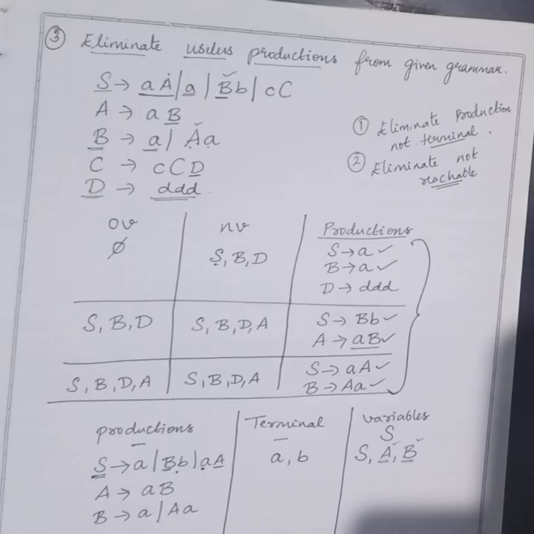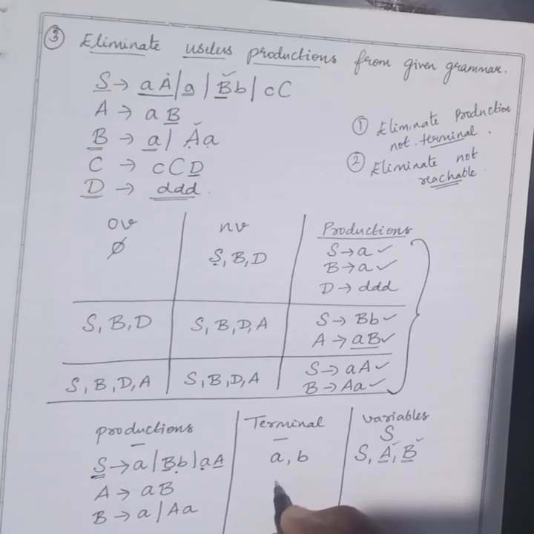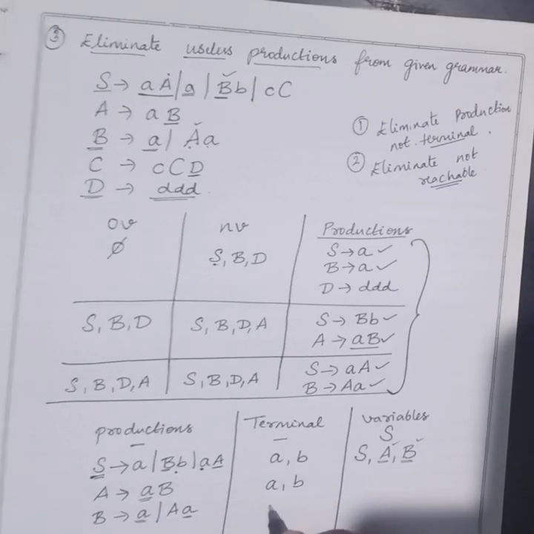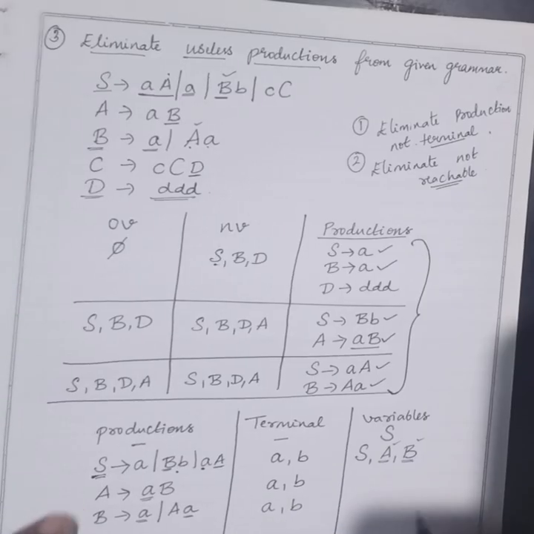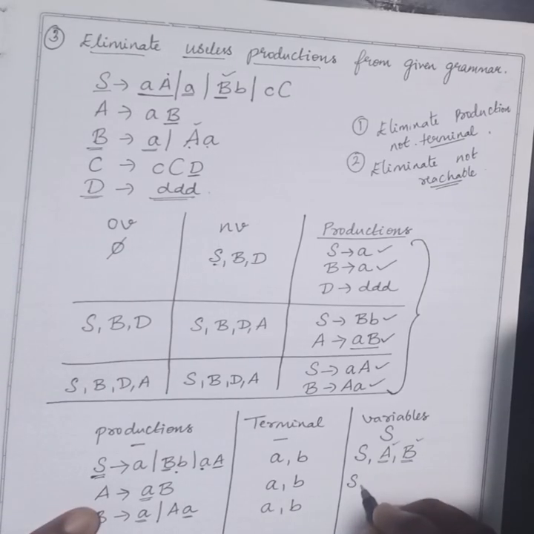Here again we have terminals a and b only; there is no new terminal. Again here also there is no new terminal, and the variables are already included. There is no new variable included. Whenever there is no new variable included, we need to stop here.